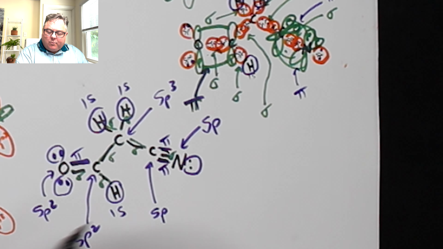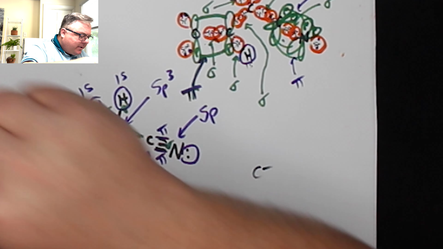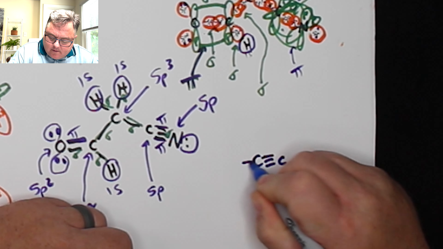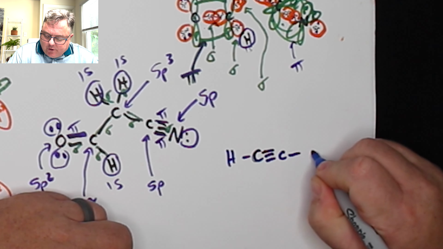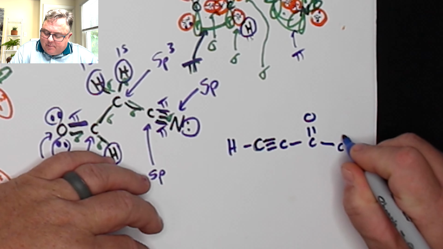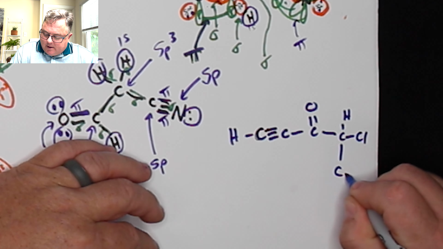So let's just pick one more molecule real quick. Pick a better color. And let's just determine what our sigma and pi bond contributions look like.